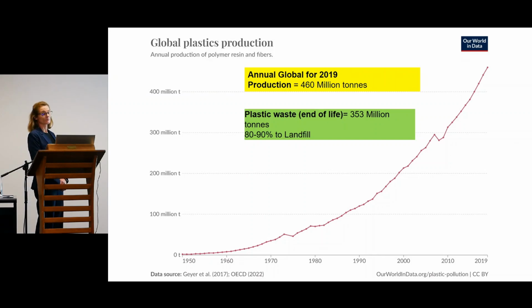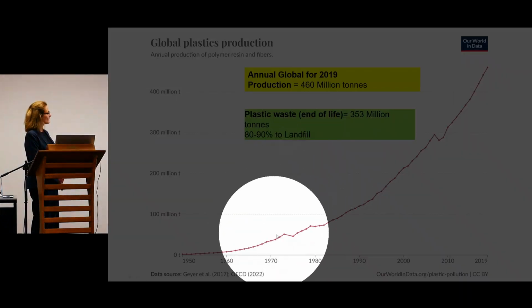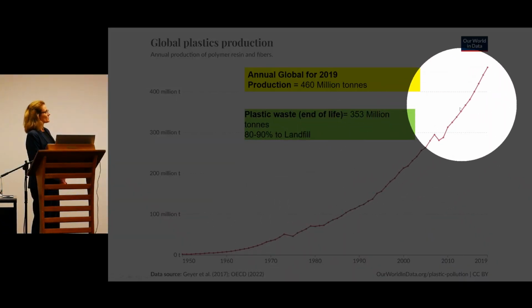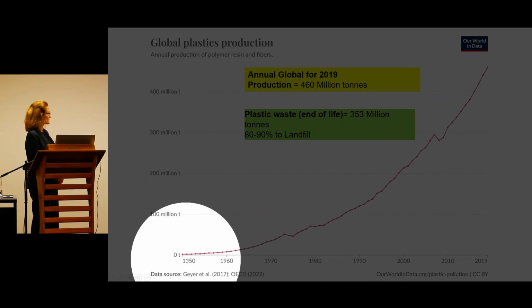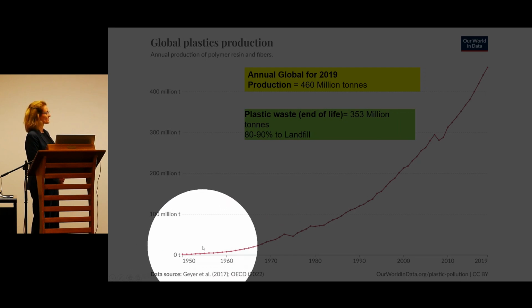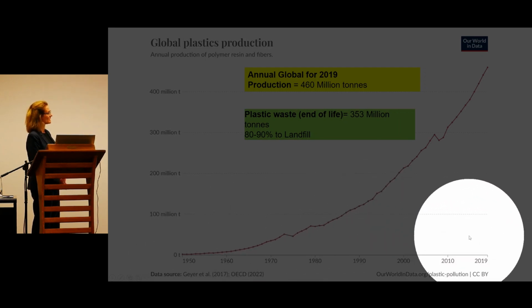Microplastics are generated from plastic waste, and you can see here that this graph is showing the rapid rise of plastic production globally, from 1950, when plastic commenced commercial production, through to 2019.